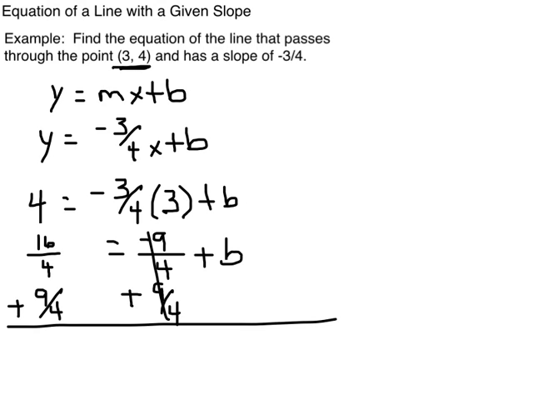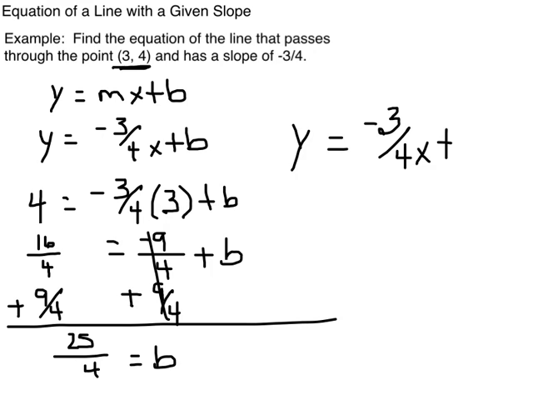When I do, I've eliminated that. 16 plus 9 is 25 over 4 is equal to b. So I find that the equation of this line is going to be y equals negative 3/4 x plus 25 over 4.